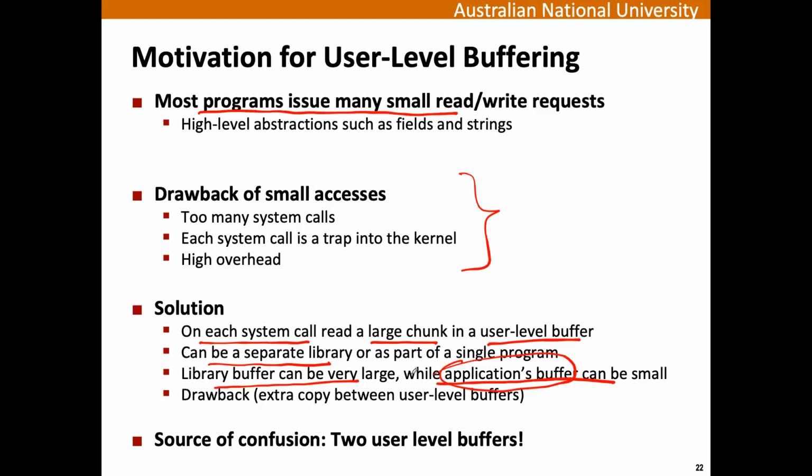The drawback of this approach is you have an extra copy between user level buffers. Copying is not free. Copying has a cost, but there's a trade-off. You reduce the number of system calls, but you end up with a few more copies.